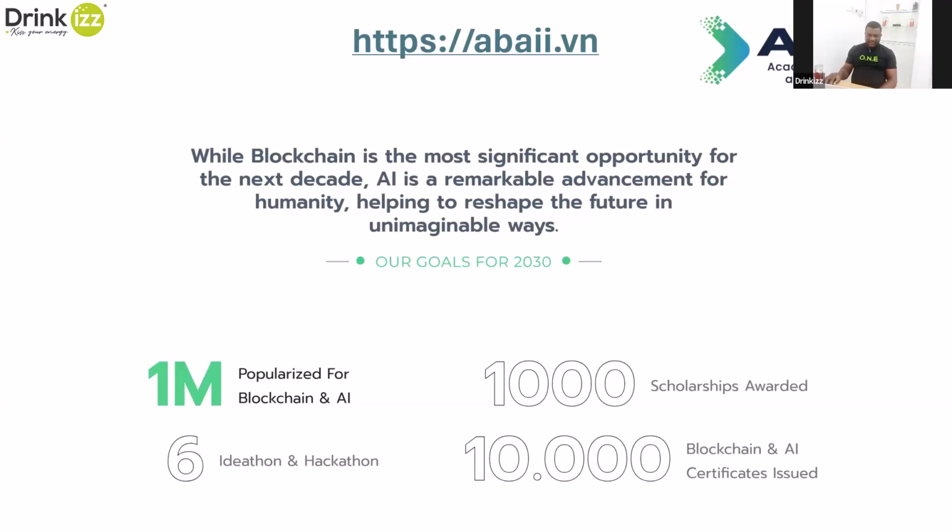And I have one question for you. And of course, if our guests also want to ask questions, we use the chat. So as everyone knows, Drinkizz is a small company. This is a startup. So we use AI and no code to level up our activity.